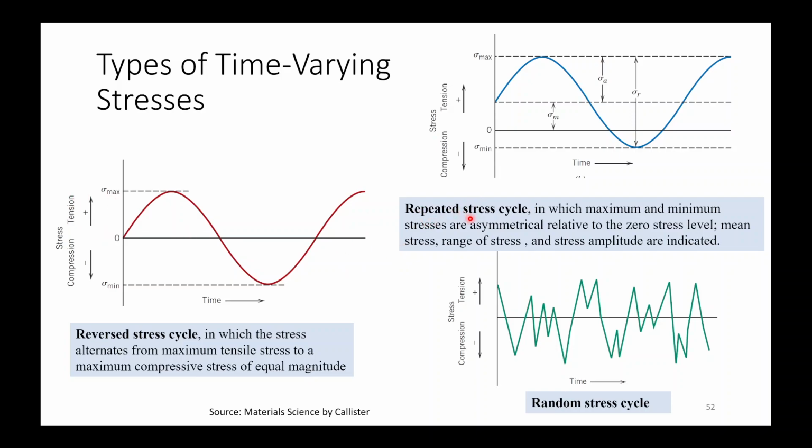Second is the repeated stress cycle, in which maximum and minimum stresses are asymmetrical relative to the zero stress level, and the mean stress, range of stress, and stress amplitude are indicated. Random stress cycles won't have a particular stress amplitude.